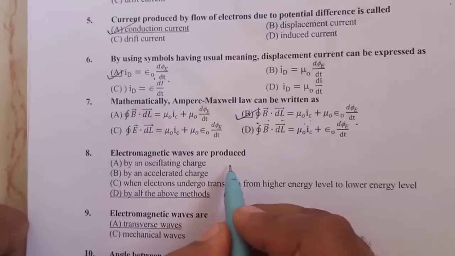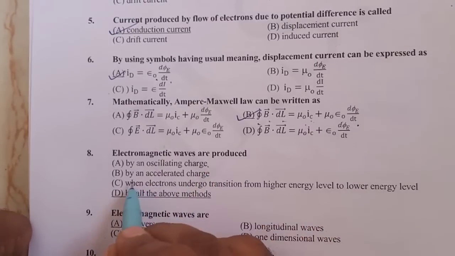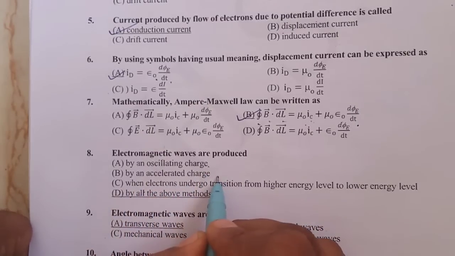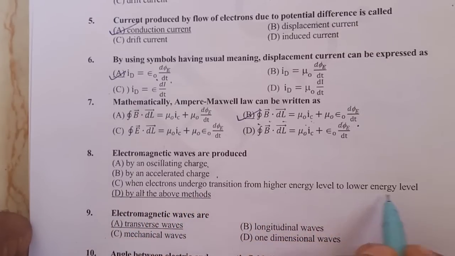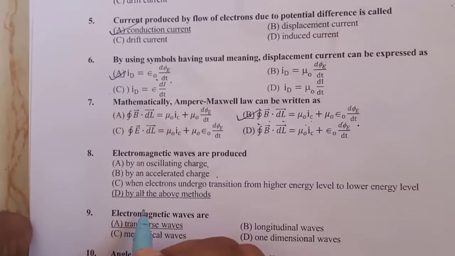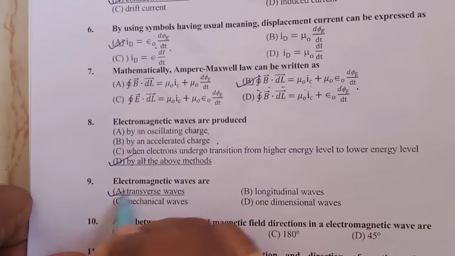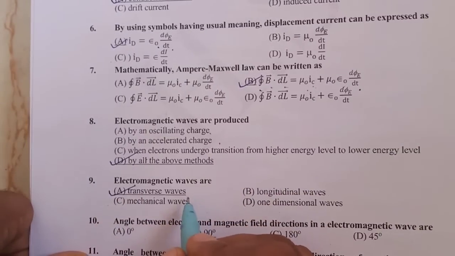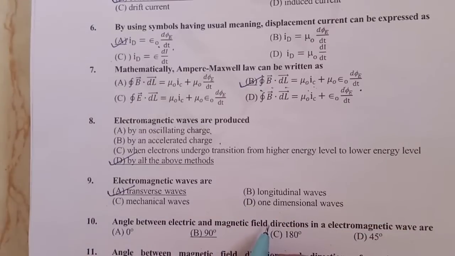Electromagnetic waves are produced by the oscillation of a charged particle, or the vibration of particles, or by an accelerated charged particle, or also when electrons undergo transition from a higher energy level to a lower energy level. Therefore, all the above methods are correct. Electromagnetic waves are transverse waves. Transverse waves are the waves in which the particles vibrate perpendicular to each other and perpendicular to the direction of propagation.